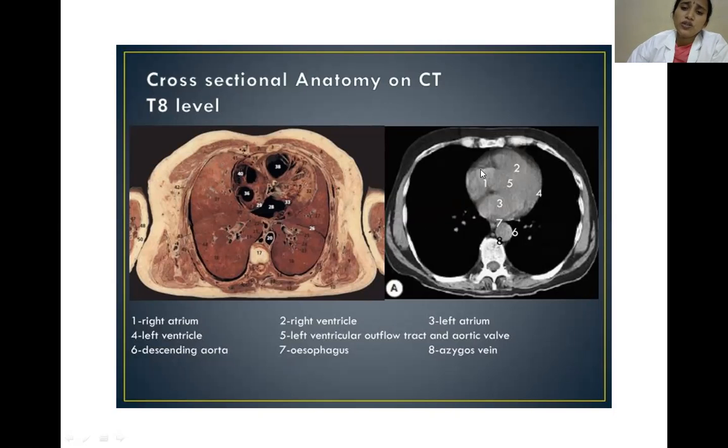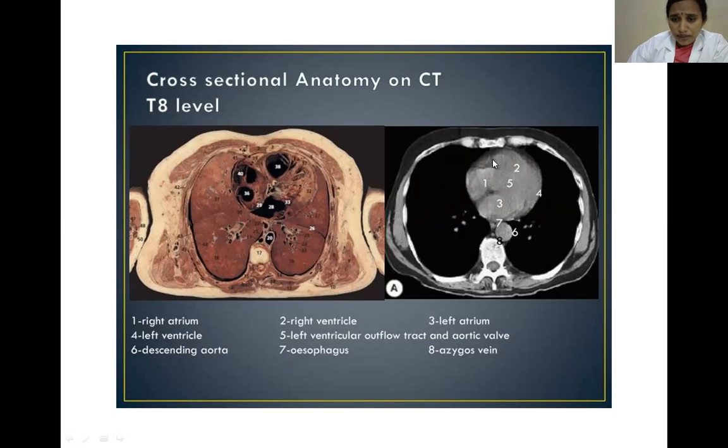Only where the rays are reflected do they appear white or in shades of gray. Where they are transparent, meaning rays are not absorbed or reflected, they appear black. So this blackish area is a lung field.